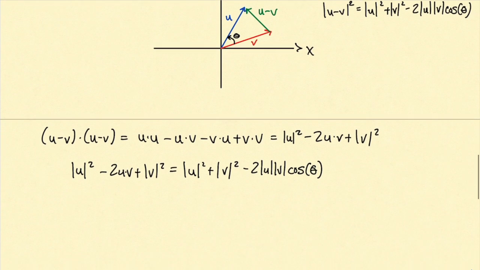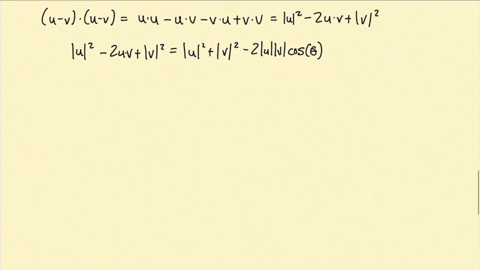We can, of course, cancel the terms that appear on both sides, and we'll be left with u dotted with v is equal to the norm of u times the norm of v multiplied by cosine of theta.